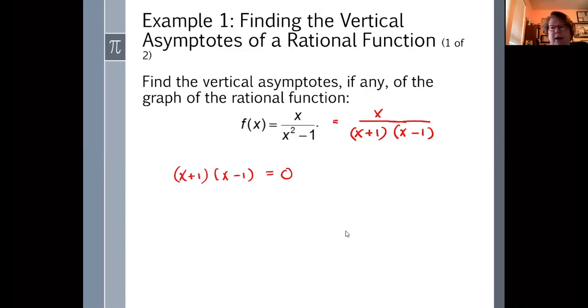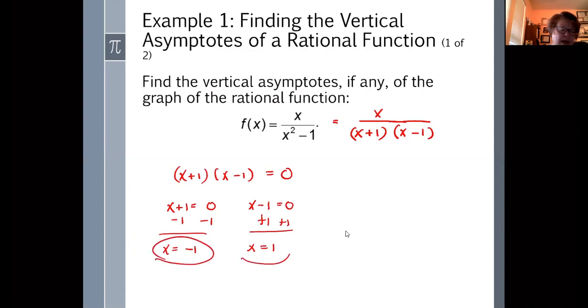Using the zero product principle, I'm going to set each factor equal to 0. So I'm going to subtract 1 here, and add 1 here. And those are my vertical asymptotes. I have a vertical asymptote at x equals -1, and a vertical asymptote at x equals +1.